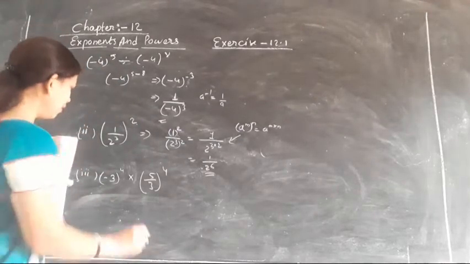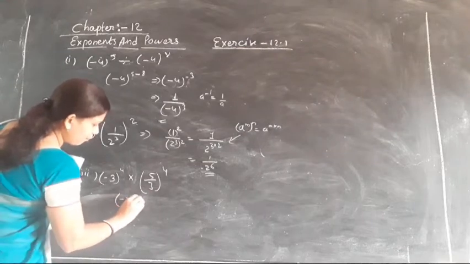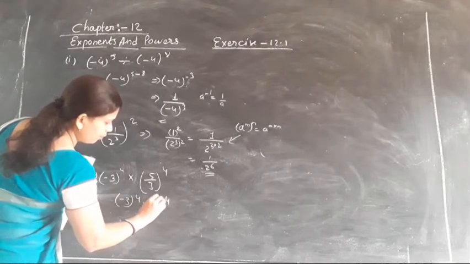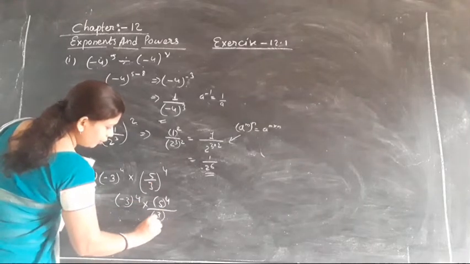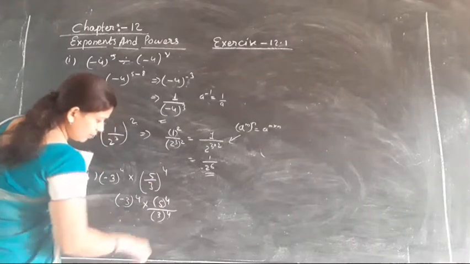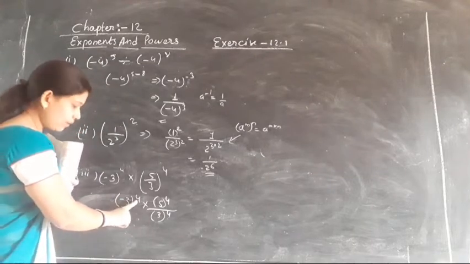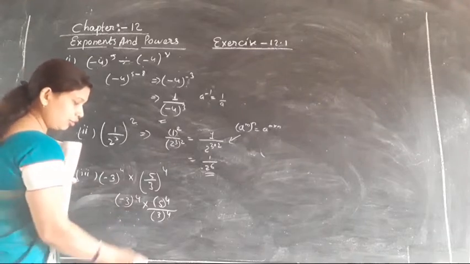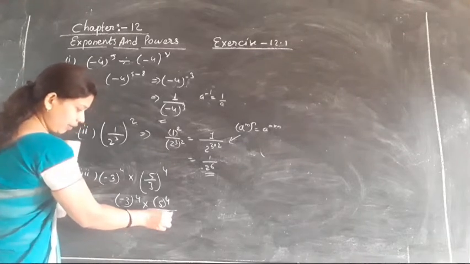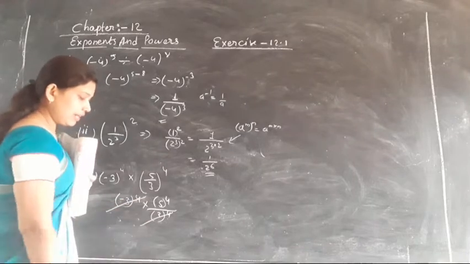Suppose we are having minus 3 to the power 4, so minus 3 to the power 4 into 5 to the power 4, isn't it? Separating the powers in the numerator and the denominator. So you can see that the power is in the form of a positive number, so here it will become positive. This negative sign will be converted into positive. So here the 3 from the numerator and the denominator will get cancelled.